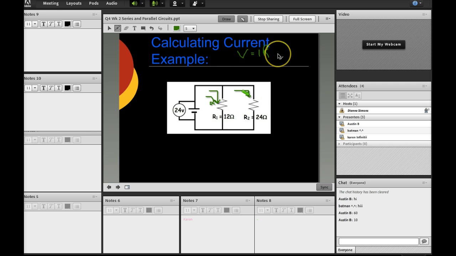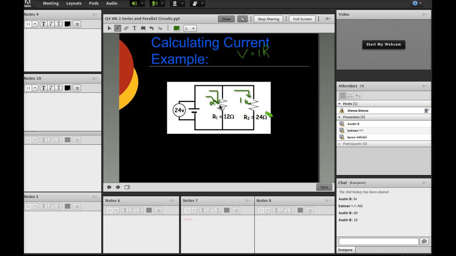V is equal to IR. V is 24. Resistance is 24. What's your current? It's 24 divided by 24. 1. All right. So we got 1 amp here, 2 amps here.